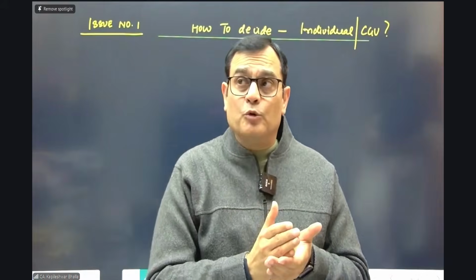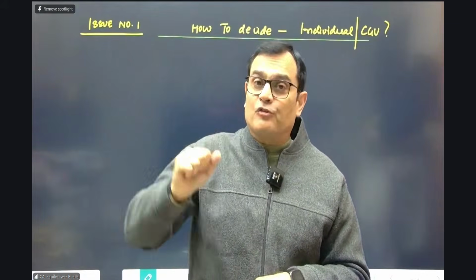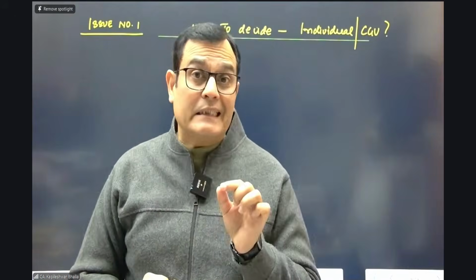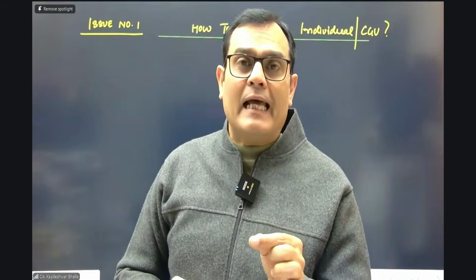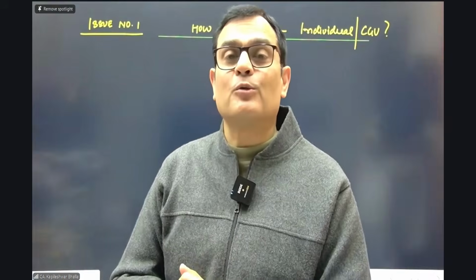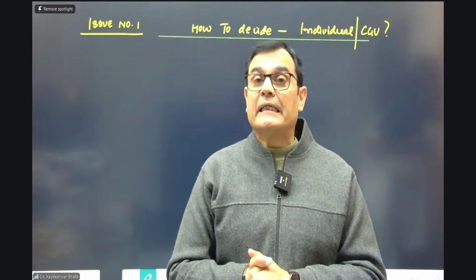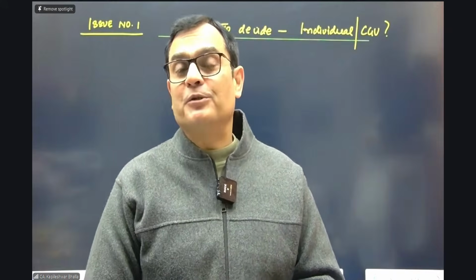And in step number 2, you evaluate that is it capable of generating. So in the first step, we are evaluating, is it generating? And in the second step, we are saying that is it capable of generating cash flow? If you say it is capable of generating, you could still go to step 3. And if you say it's not capable of generating, then it is a part of CGU.